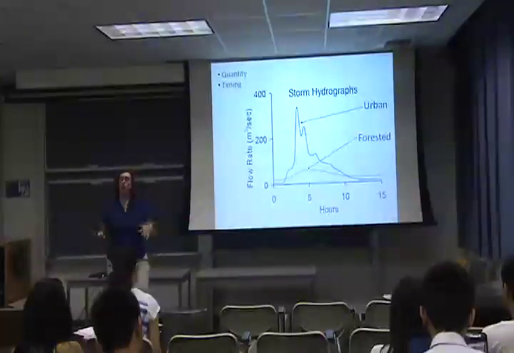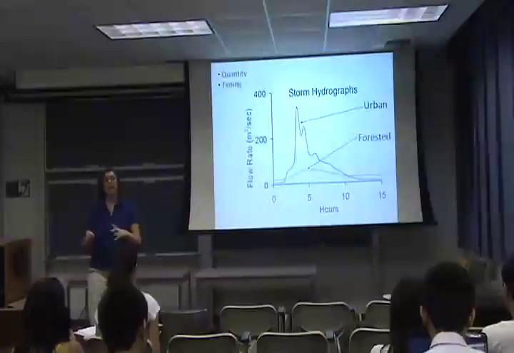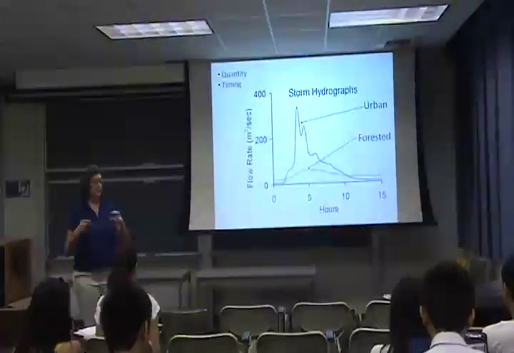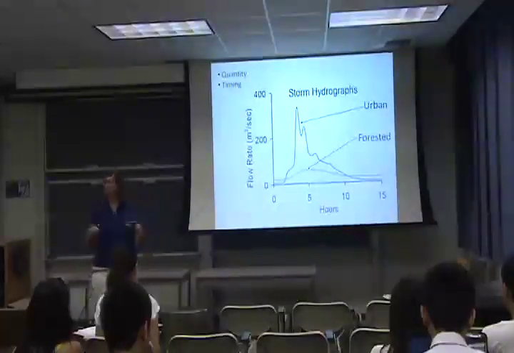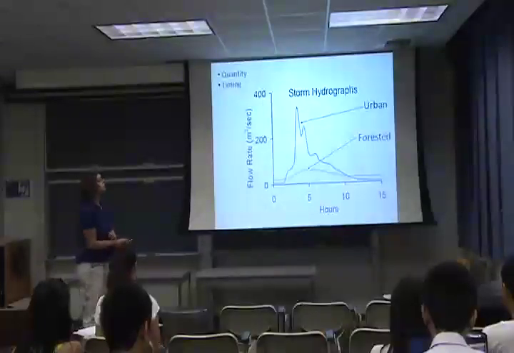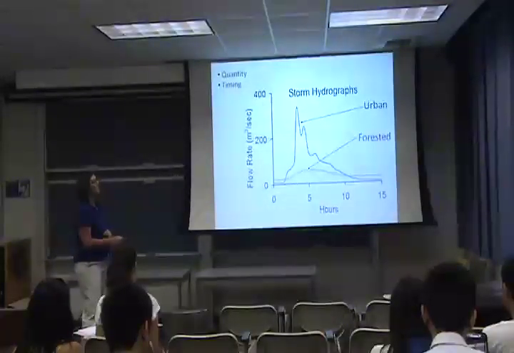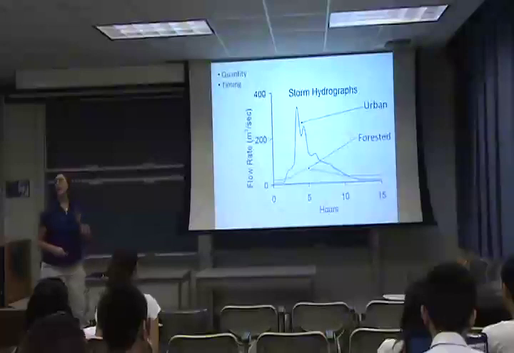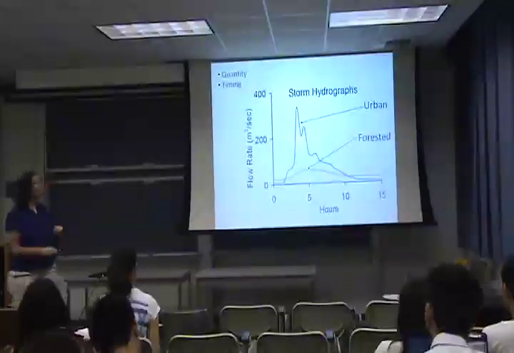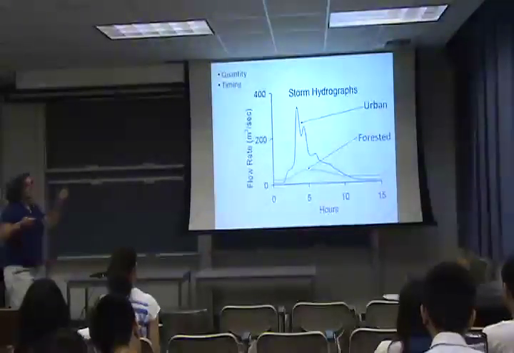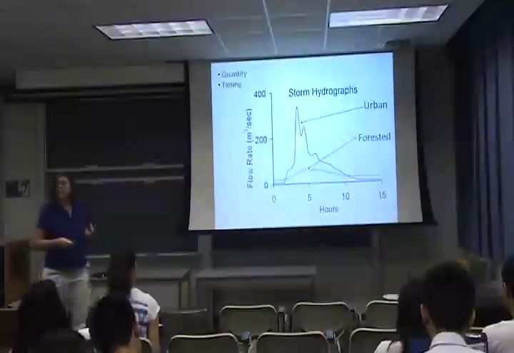Because there's so much hard surface for that water to hit, a lot of that water comes off. Not much of it is retained in the soil and the plants because a lot of that soil and plants have been covered up. So you get a lot of water and you get it coming very fast. You get this really big spike of water flow in your streams. In contrast, in a forested system, the soil and the plants can absorb a lot of that water.